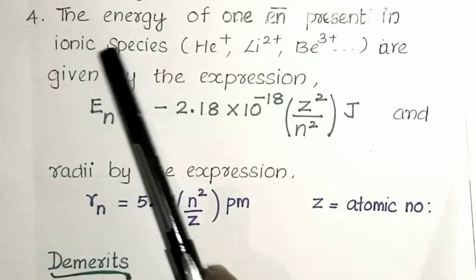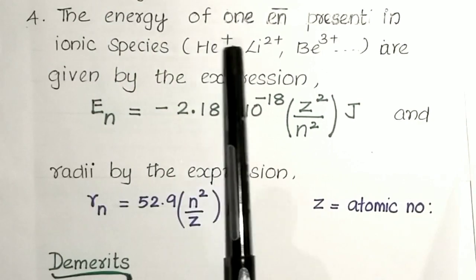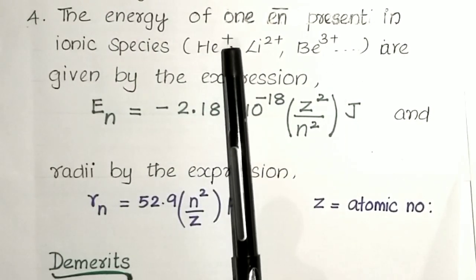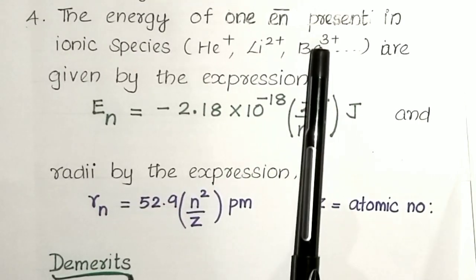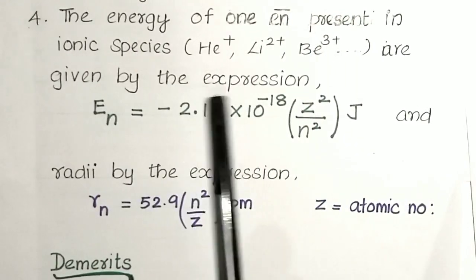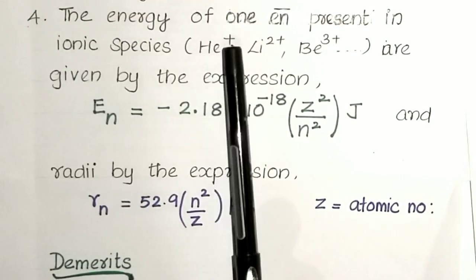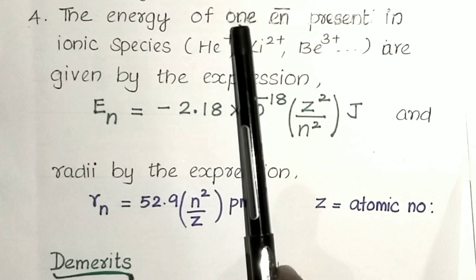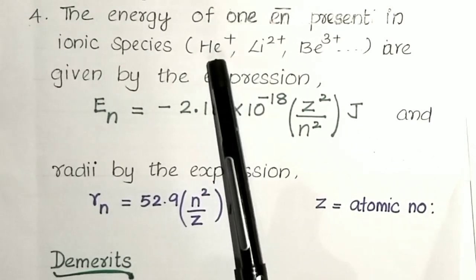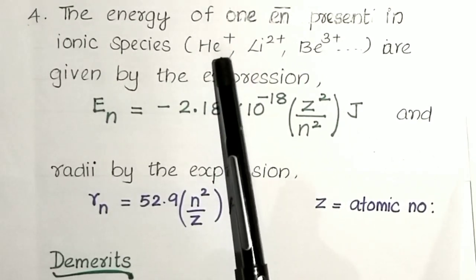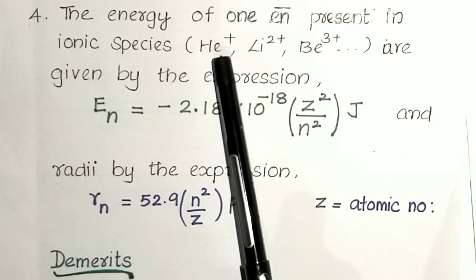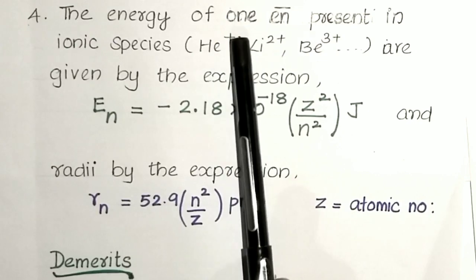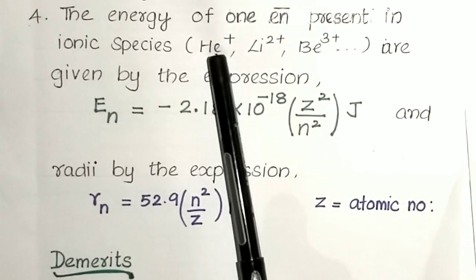The next merit of the Bohr atom model is the energy of the one electron present in ionic species such as He+, Li2+, Be3+, etc. are given by the expression. So listen, He+, how many electrons? The atomic number is 2. So the total helium atom has 2 electrons, but we remove 1 electron, then we get He+ ion. It consists of only 1 electron.